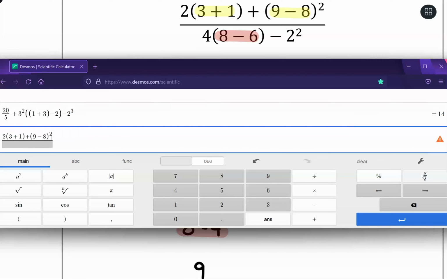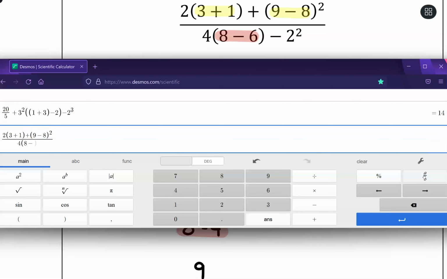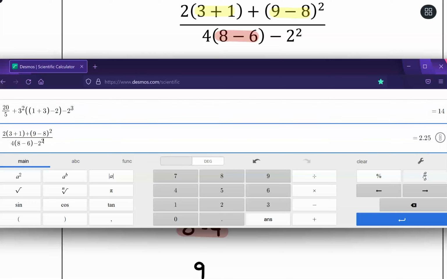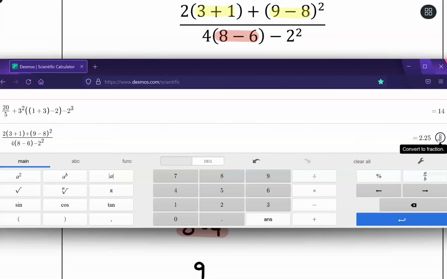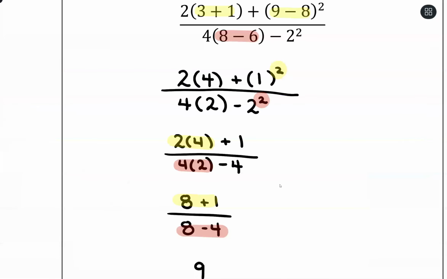And then in the denominator, 4 times 8 minus 6 minus 2 squared. And what's going to happen is it's going to show a decimal out, but what we can do is use this button here, convert to fraction, and it will show you the most reduced form of the fraction. So because we didn't convert that to decimal, we can then see the fraction form matches up.